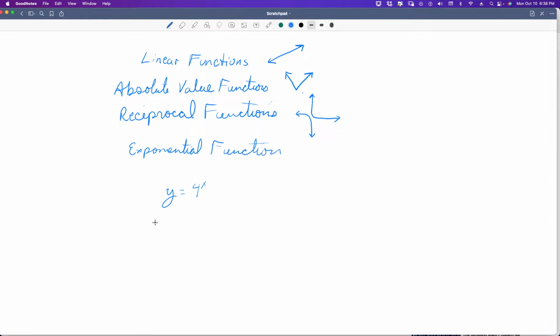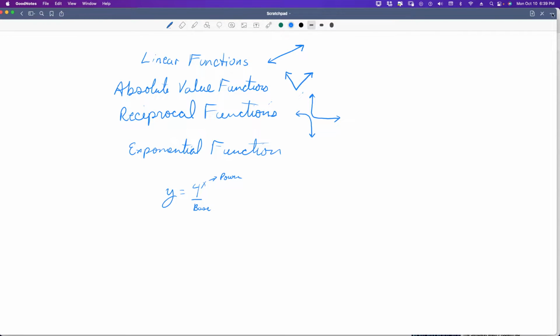That is an exponential function. That is where your x is your exponent to a base. And again, the number that has the exponent is the base. And then the exponent, we call that the power. So here, the power is the variable x.